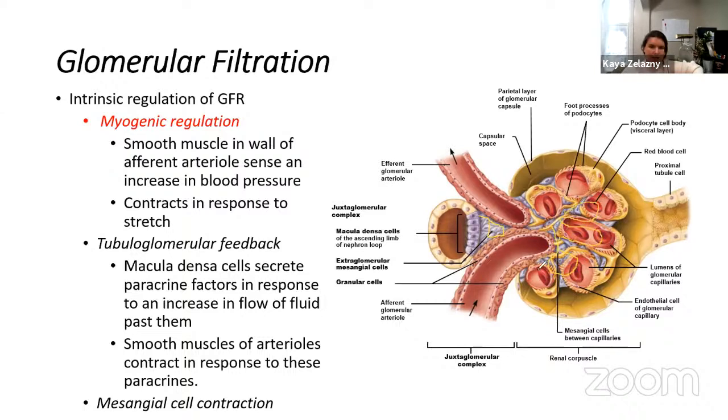If the blood in the glomerulus is only flowing through a couple loops instead of tons and tons of loops, there's less surface area and almost less time for filtrate to get out. So because those cells are turning off these capillaries, it's also going to have the effect of decreasing the amount of fluid that gets filtered, because we don't have enough surface area for as much of it to get filtered as it usually would.